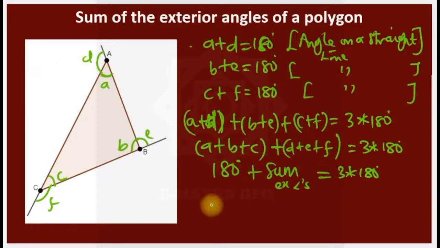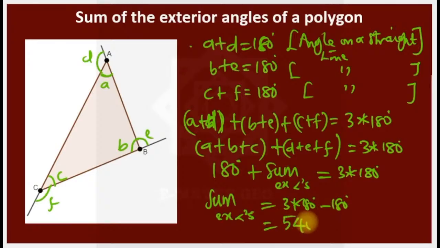Therefore, what do you have to say? The sum of the exterior angles of a polygon is 3 times 180 minus 180. We move this 180 to the right-hand side to be negative. 3 times 180 is 540, and 540 minus 180 is 360.